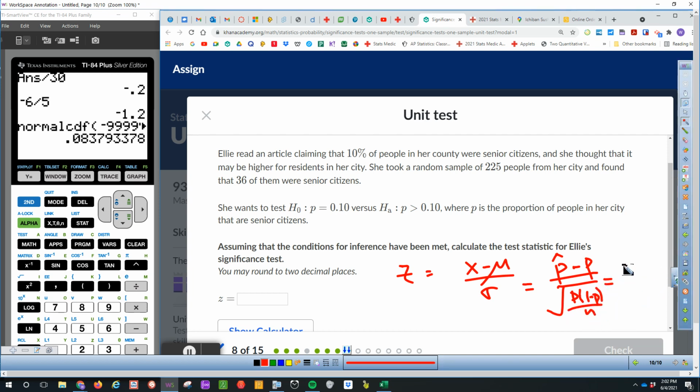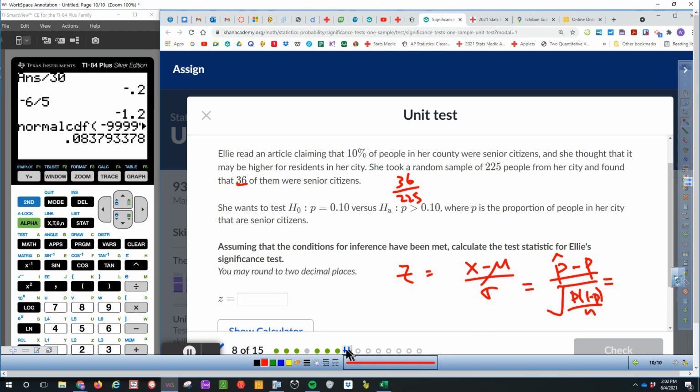Okay, so p hat was what? You found that 36 of them were senior citizens. So that's your p hat, 36 divided by 225.